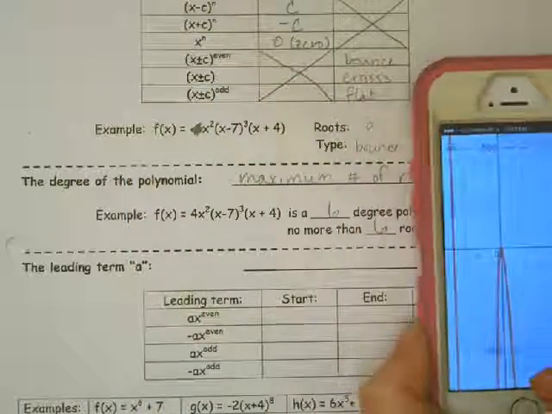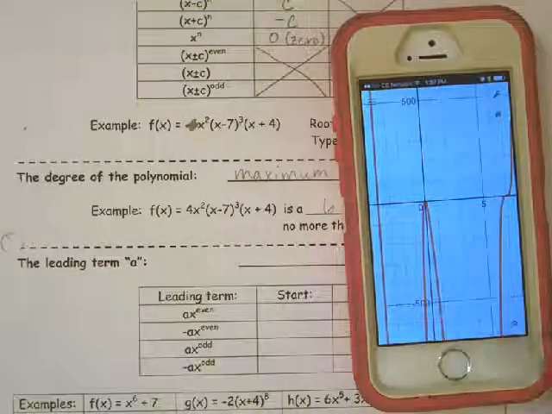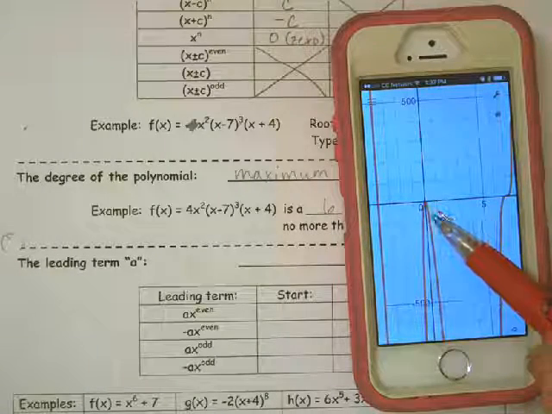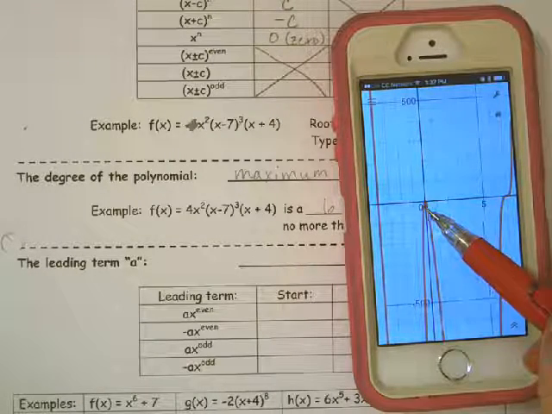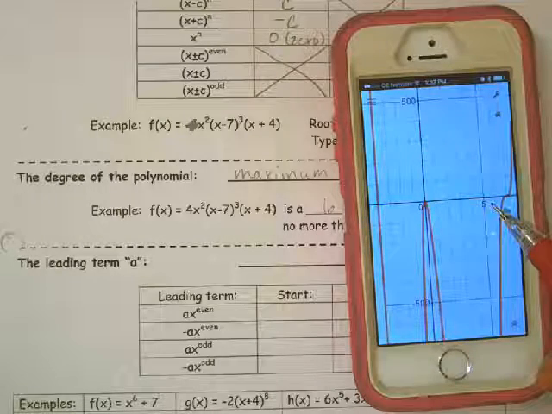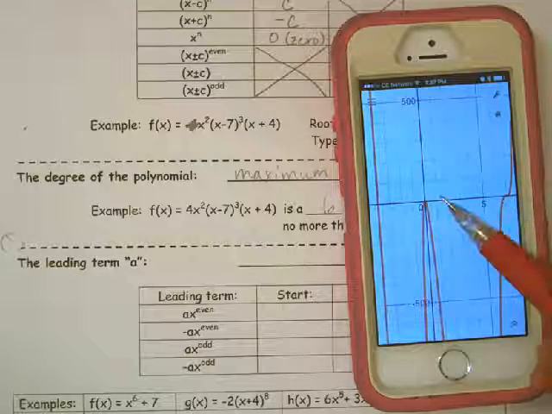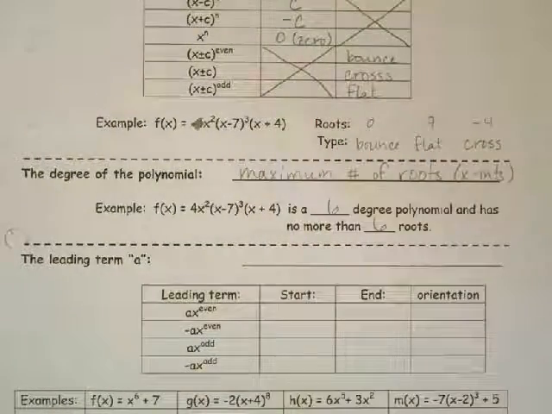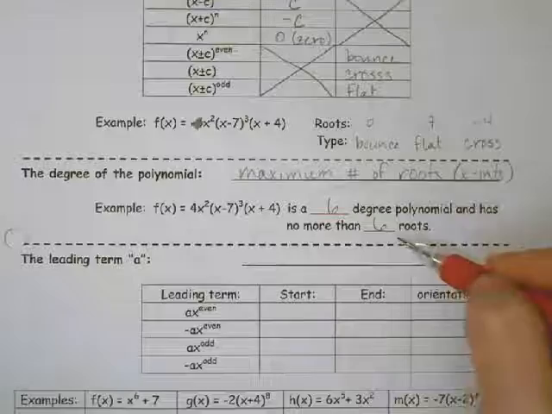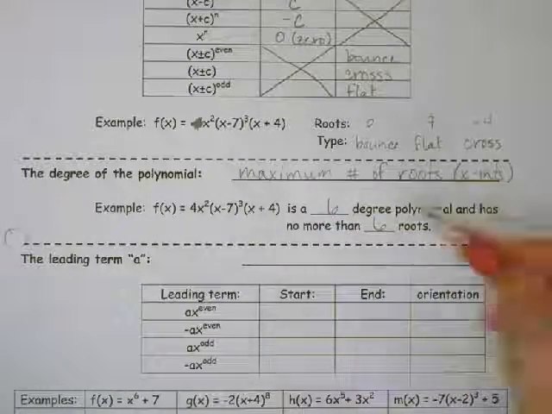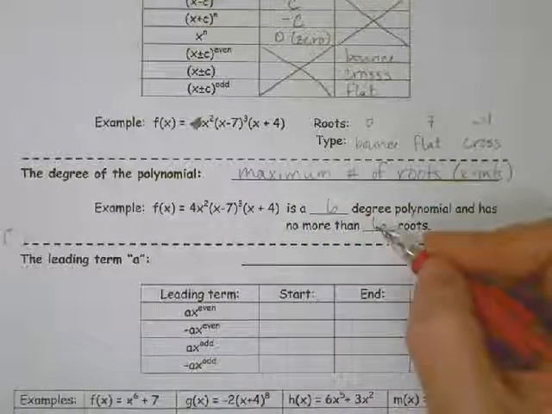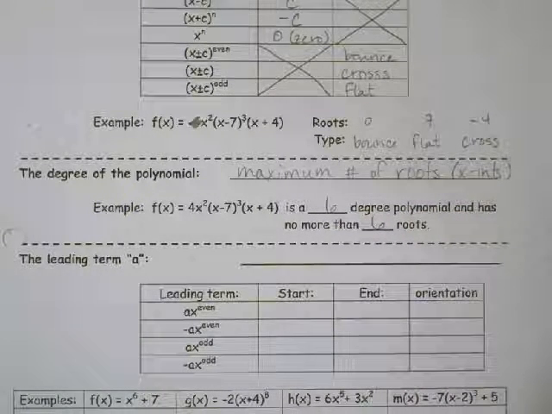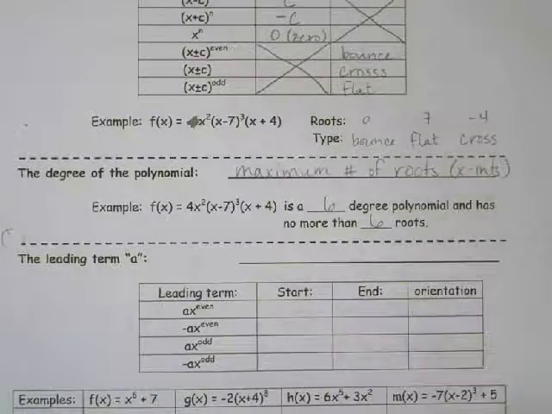But this one right here, the crossing root, is just a single root. Where it bounces, that's a double root. And where it goes flat is a triple root. So we have 3, 4, 5, and 6. So that's why that works out the way that it does with that particular equation. But a 6 degree polynomial could have as many as 6 x-intercepts.